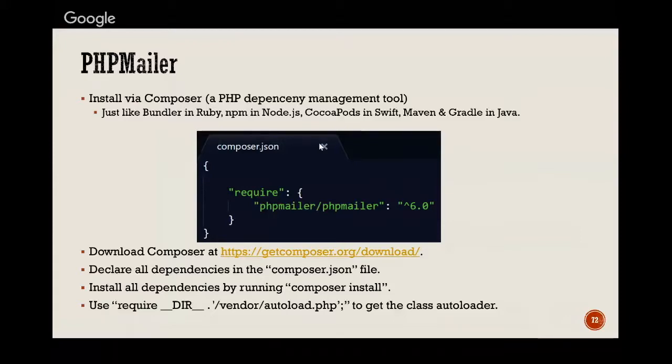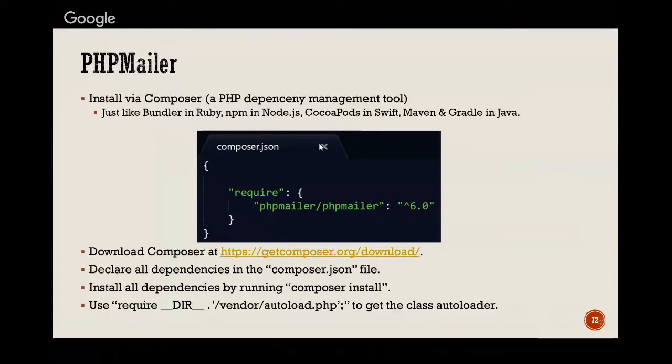To install them, of course you can go to their website and download them one by one, but that is going to be very hard. So every language comes with something called a dependency management tool. Let's say you have a composer.json file: you just write down the name of your third-party library and the version, and then this tool will automatically download all the dependencies.